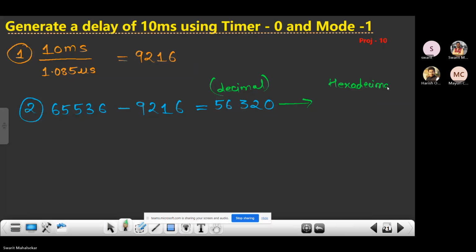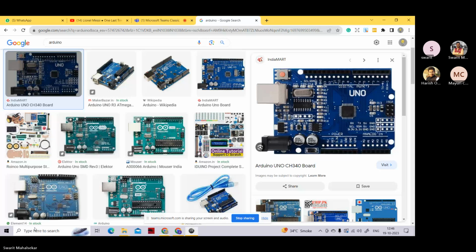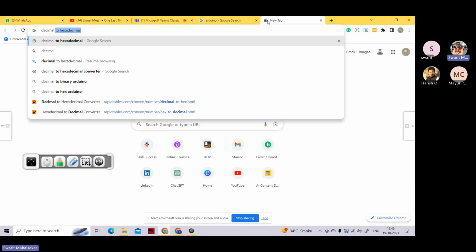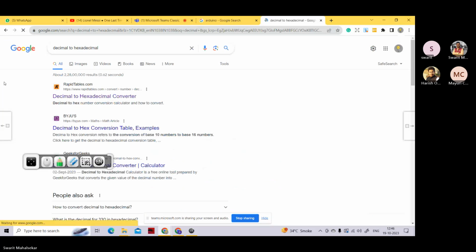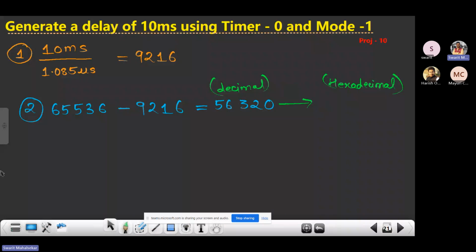Okay, hexadecimal. So let me go to my Chrome and let me just write over here decimal to hexadecimal. Let me put this value inside this particular calculator. That value is 56320.